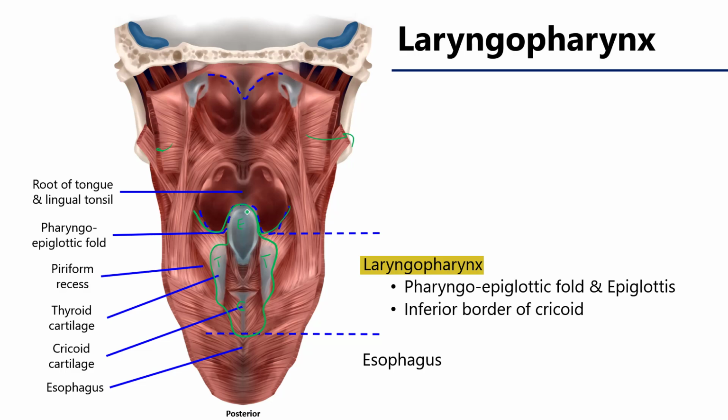We also have boundaries of the laryngeal inlet. That's the space through which air travels between the larynx and the laryngopharynx, as well as the inferior margin of the cricoid cartilage, which serves as the boundary between the pharynx and the esophagus, where food and beverage would continue to travel on its way down to the stomach.